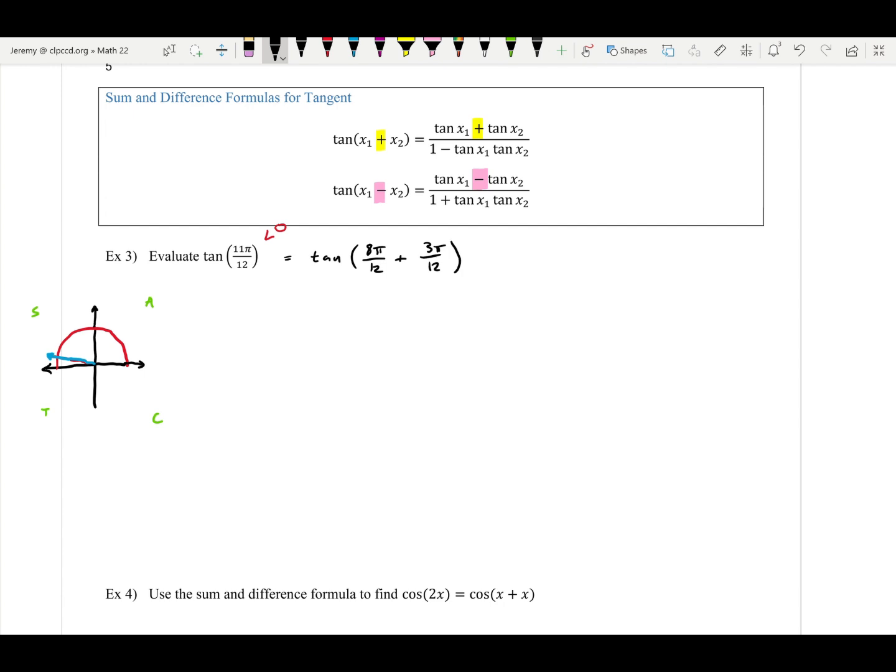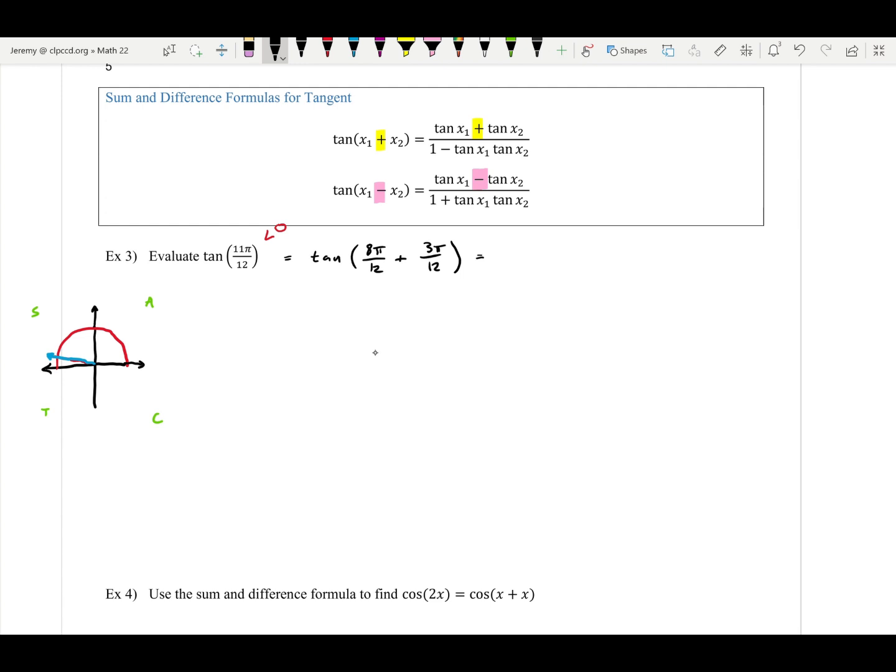You might try something else, like 7 pi over 12 and 4 pi over 12. You might find that 4 pi over 12 simplifies nicely, but 7 pi over 12 wouldn't. So I'm choosing 8 and 3.